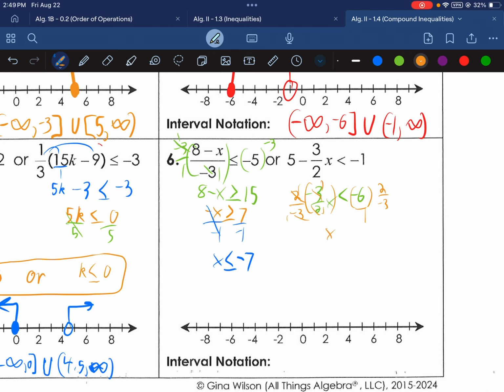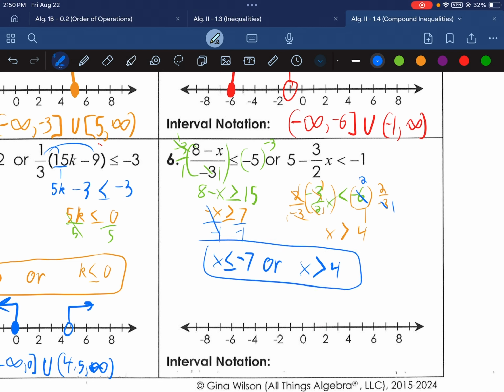And since I multiplied both sides by a negative, I flip the sign, and I'm going to reduce negative 6 and 3 by 3 to become 2 and 1. So I multiply 2 times 2 straight across, and I get 4. On the bottom, 1 times 1 is 1, so I could put over 1 if I want, or I can just leave it. So x is less than or equal to negative 7, or x is greater than 4.